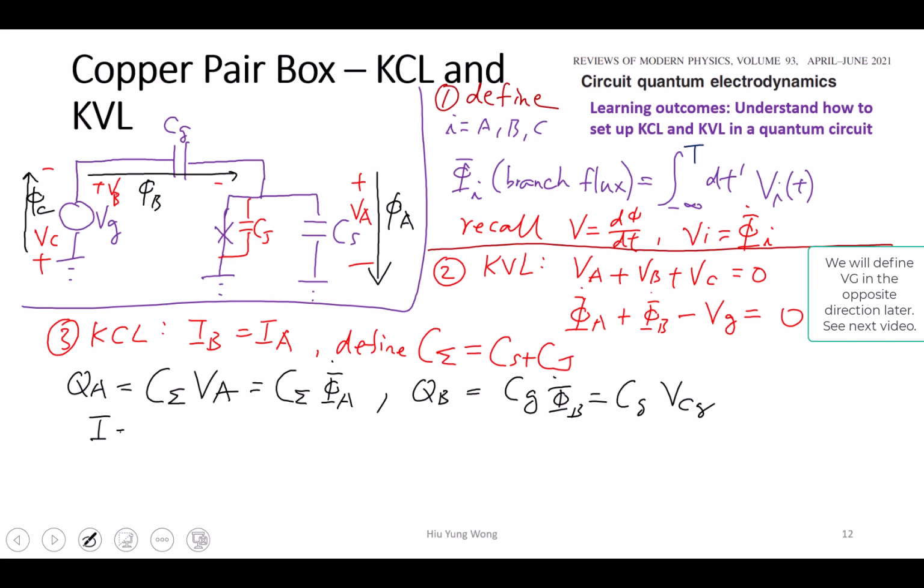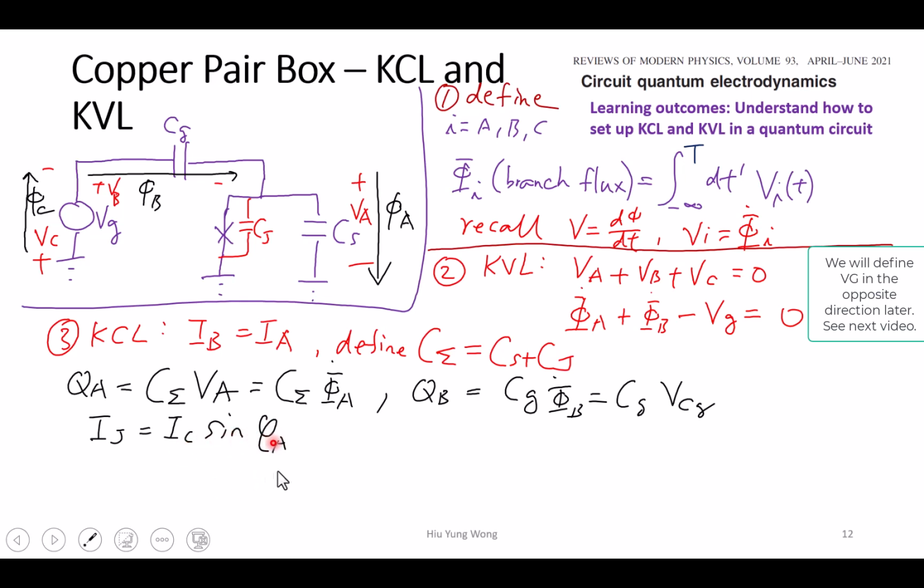I have IJ equals IC sine phi A. It equals the phase difference across the Josephson junction. This is the phase, this is not the flux.